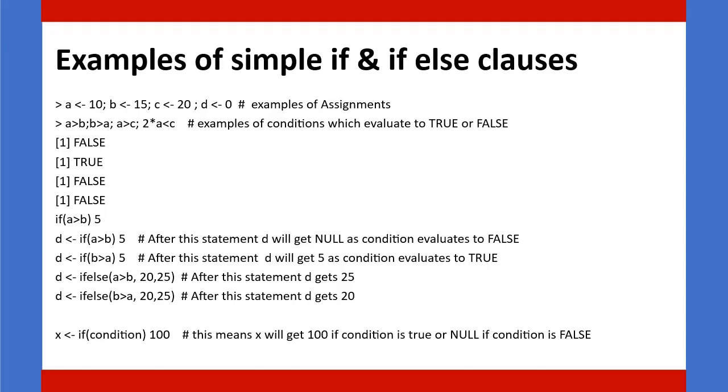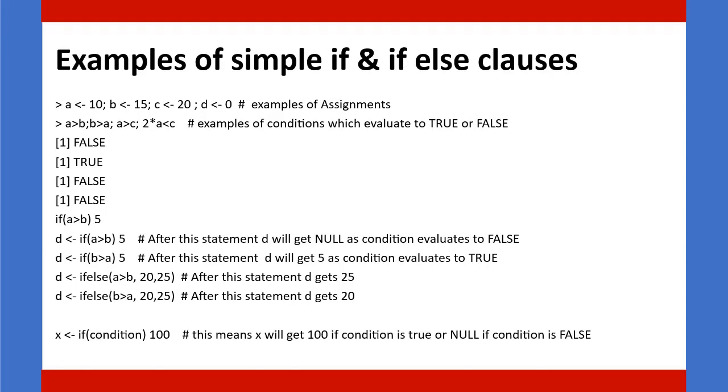Now there is another example of ifelse where we have 3 arguments. One is the condition A greater than B, another is 20, another is 25. That is, when A greater than B is true, then 20 will be assigned to D. When A greater than B is false, 25 will be assigned to D. Now in the next statement, we ask B greater than A, which is true, therefore 20 will be assigned.